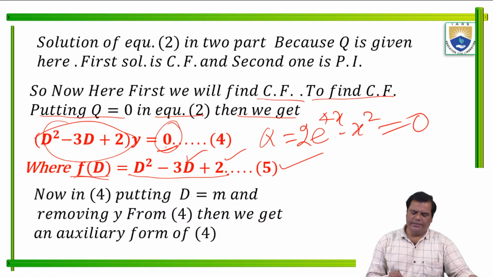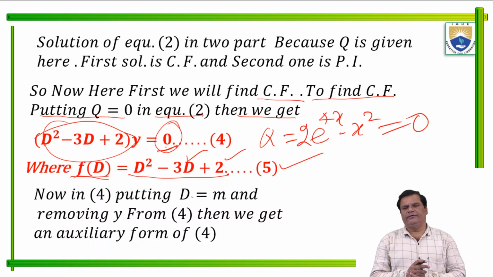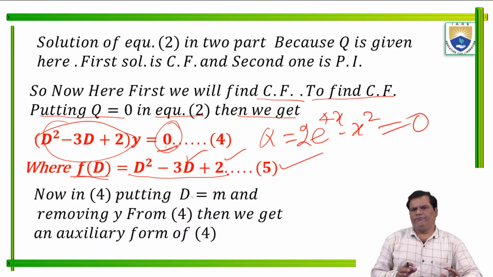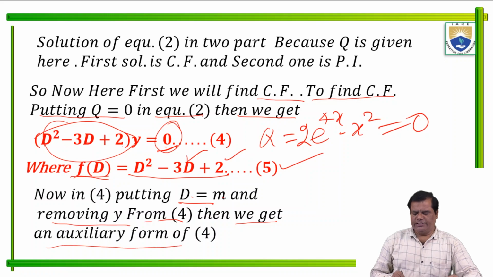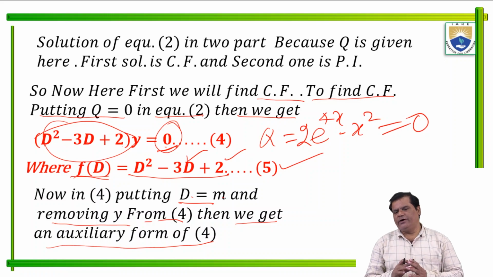Now in 4, putting D equal to m, we want the auxiliary equation of 4. How can we find the auxiliary form?